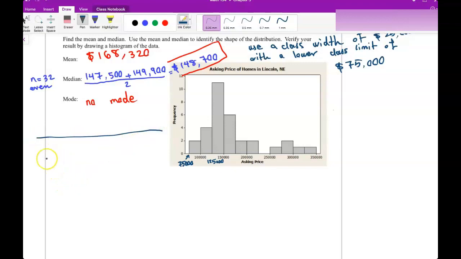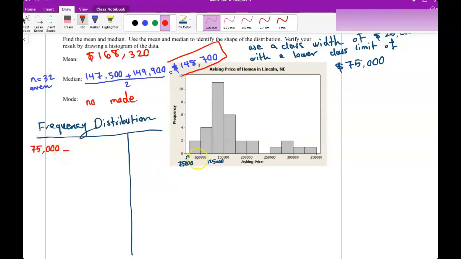Okay, so here, when I have the frequency distribution, on this part we have our classes starting from 75,000.